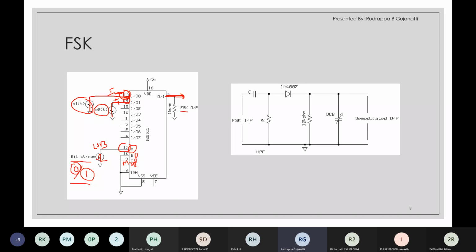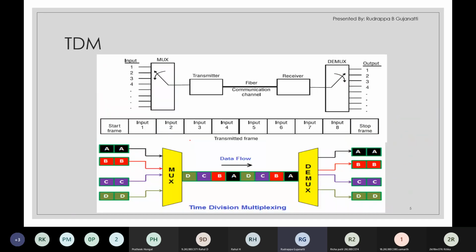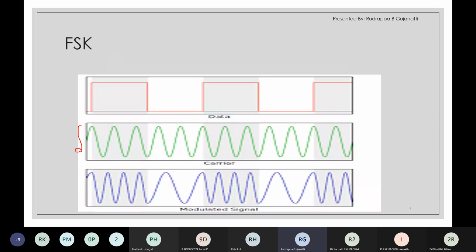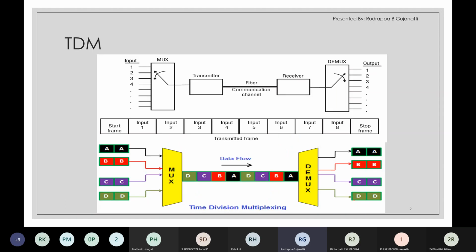Therefore, we will be getting the FSK output at pin number 3 over here. This is what we will be getting. Okay, so we'll be getting this waveform, that is a modulated waveform.